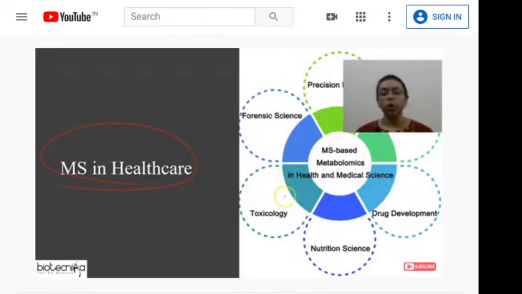If you look at MS-based metabolomics in health and medical sciences, then we have applications in the fields of precision medicine, forensic sciences, toxicology, nutrition science, drugs. In a lot of fields we get to see the amalgamation of mass spectrometry taking place.